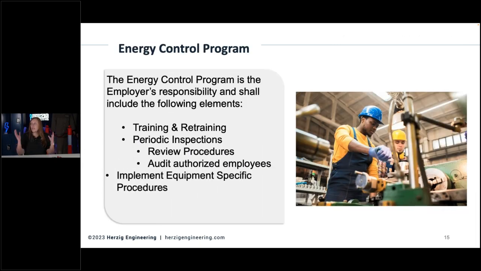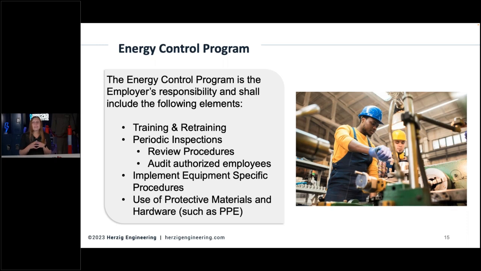So to summarize what's required as far as the regulations and the standards, all three have some consistencies. First off, everybody needs to be trained and retrained on a certain interval. We'll get into that. There need to be periodic inspections, review of the procedures, the employees, the written program. You also have to implement specific procedures step by step. Don't skip steps, don't cut corners, make sure that there are no assumed steps.